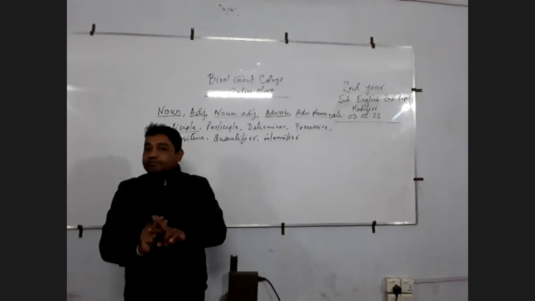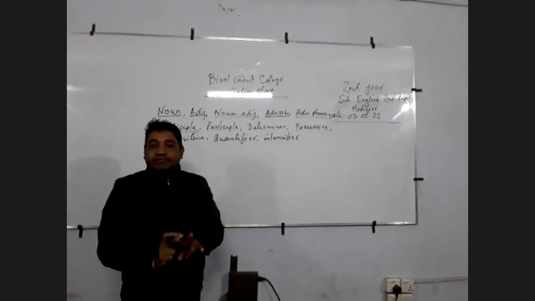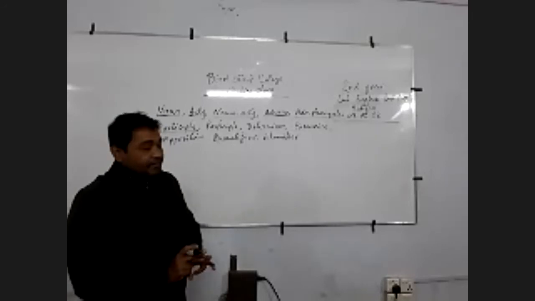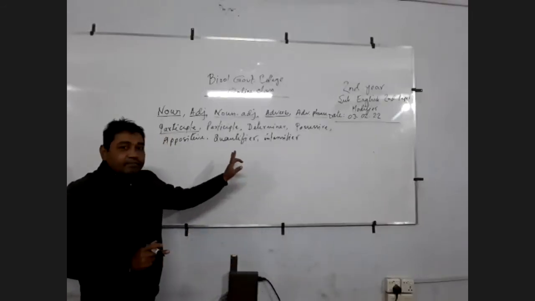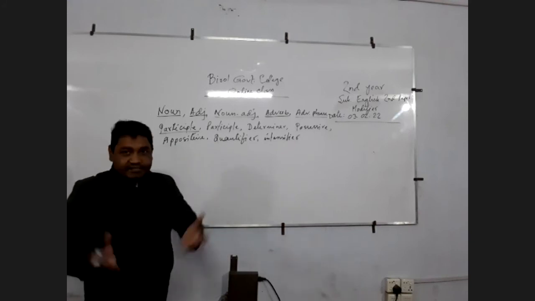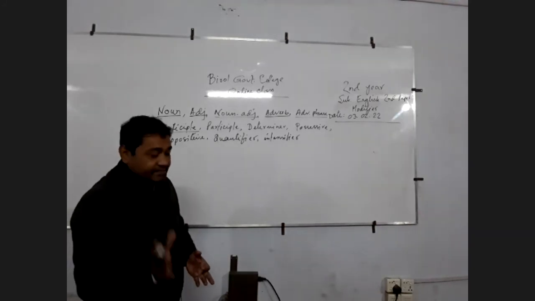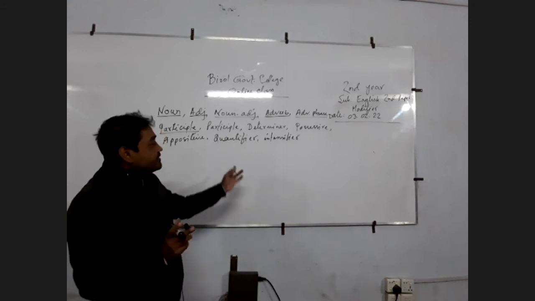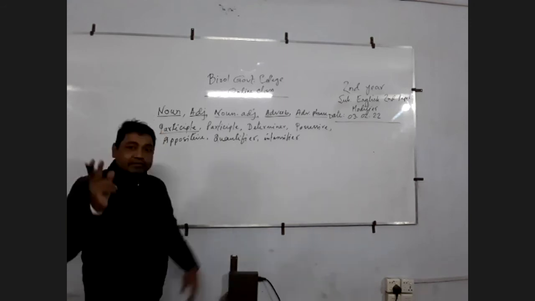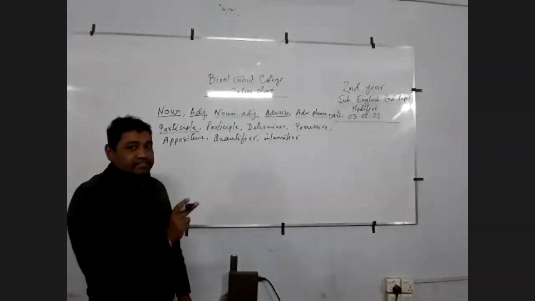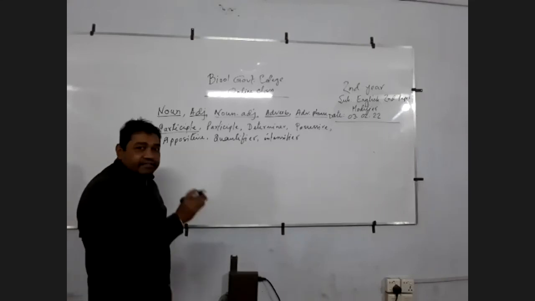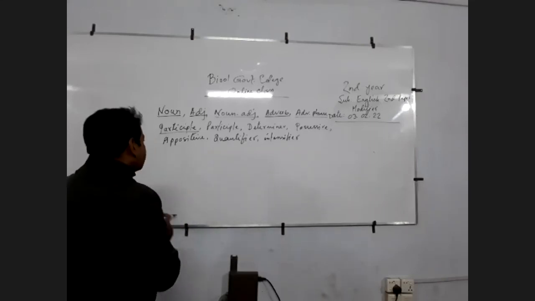There are three types of participle: present participle, past participle, and perfect participle. So when you are instructed to use a participle as a modifier, you will get either present participle or past participle. Perfect participle is not used as a modifier in this term.